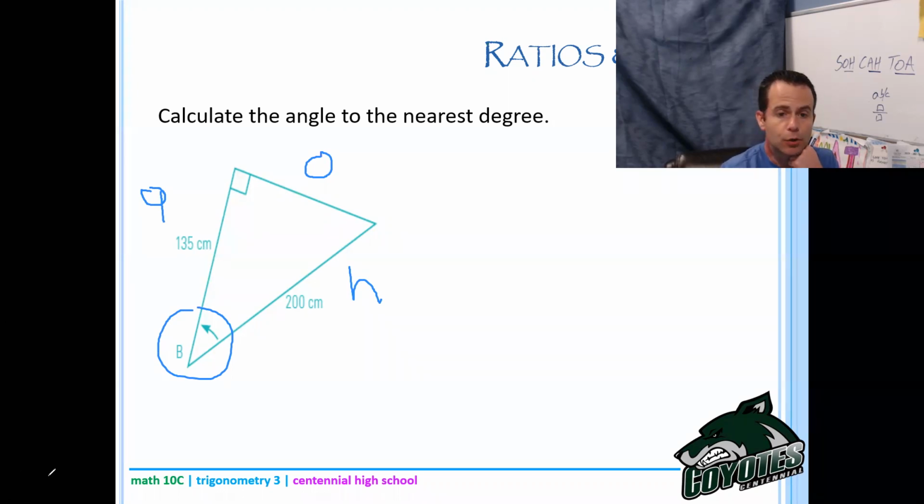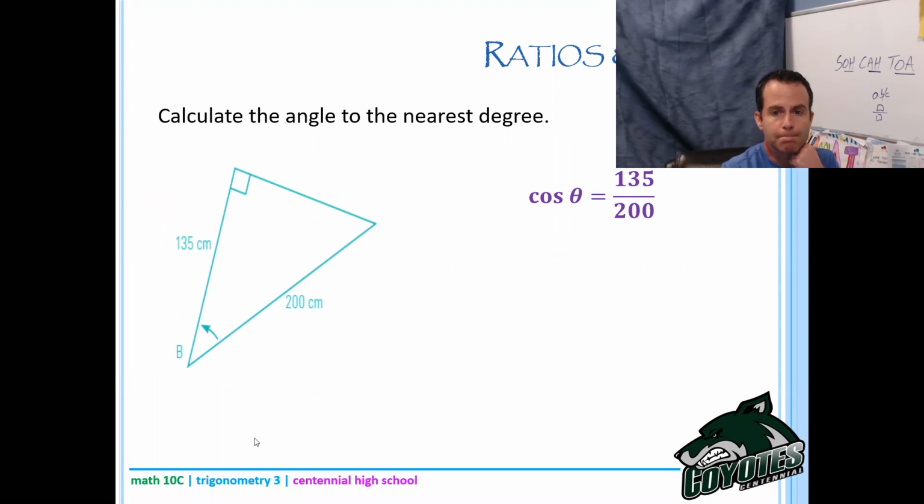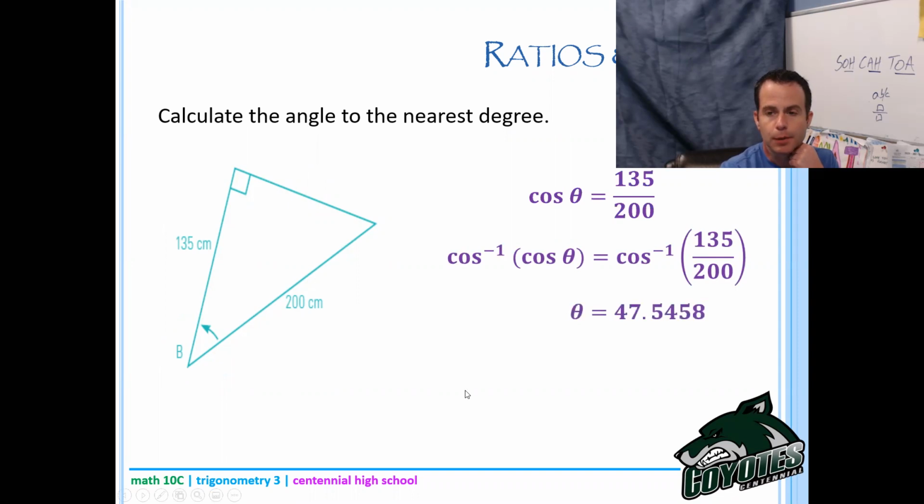That would be cosine. So I'll say cos of theta equals 135 over 200. And then I will arc cos both sides, and that will leave me with theta equals 47.5458, rounding to the nearest degree, 48 degrees.